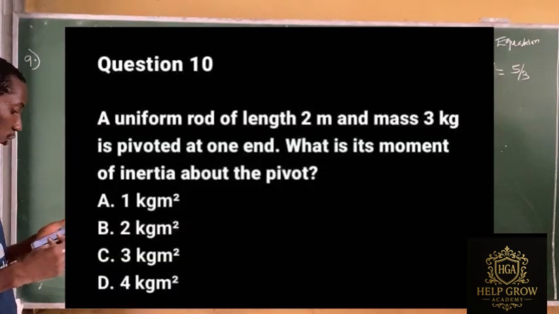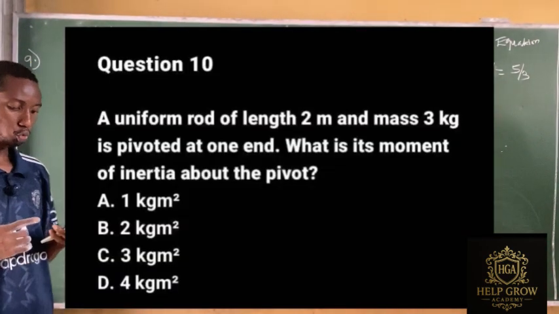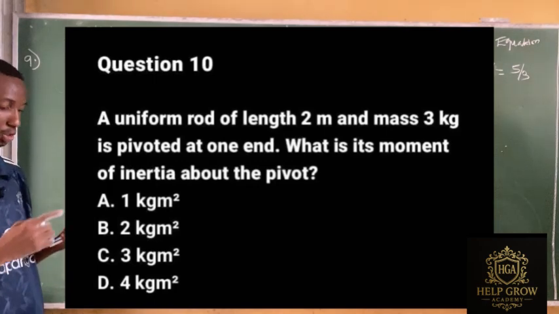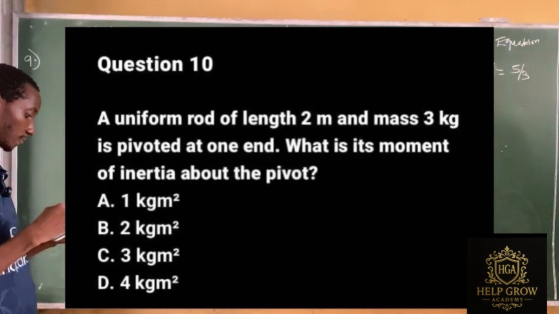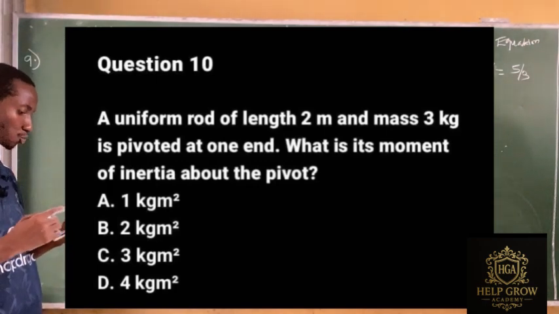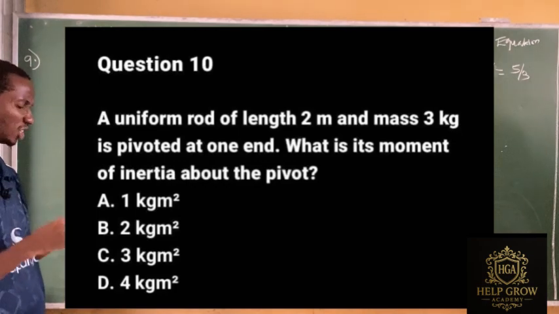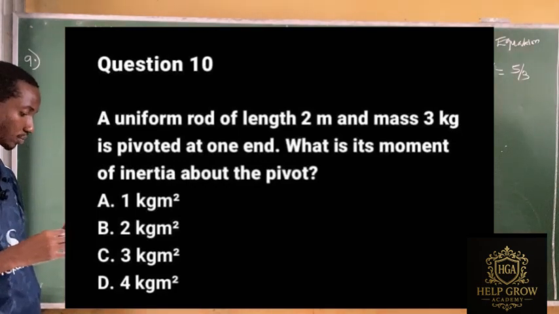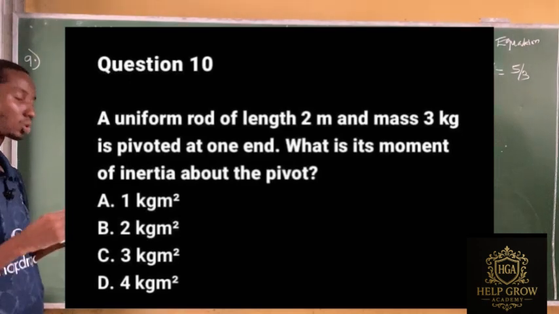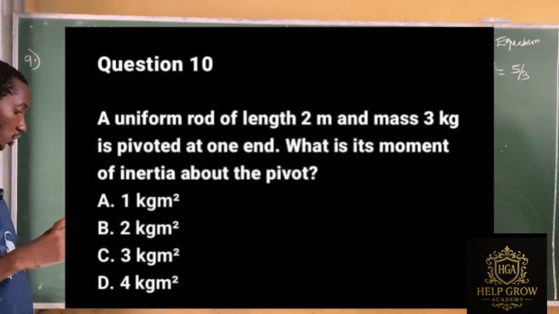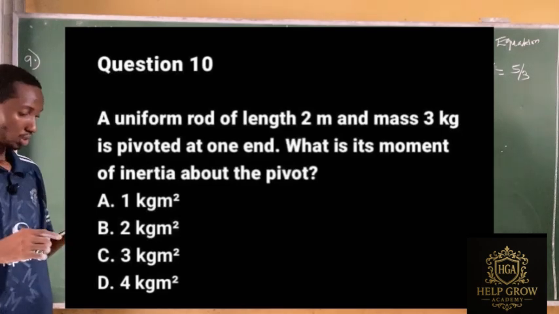Question 10 says, a uniform rod of length 2 meters and mass 3 kg is pivoted at one end. What is its moment of inertia about the pivot? A, 1 kg meter square.